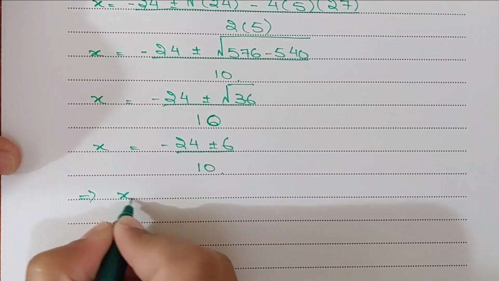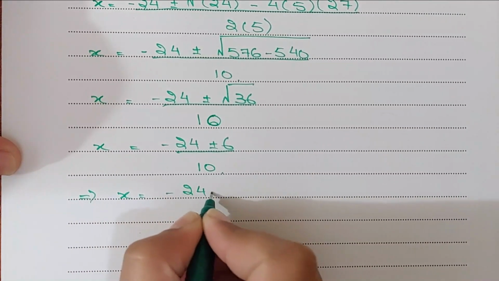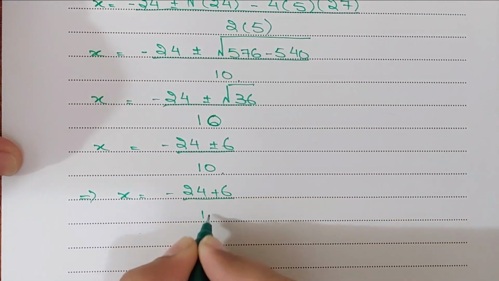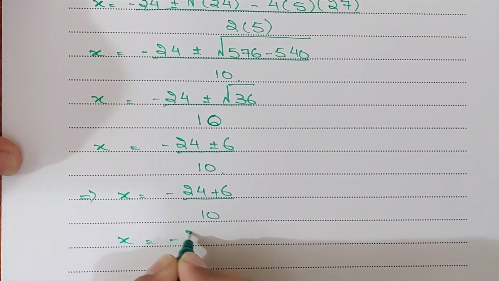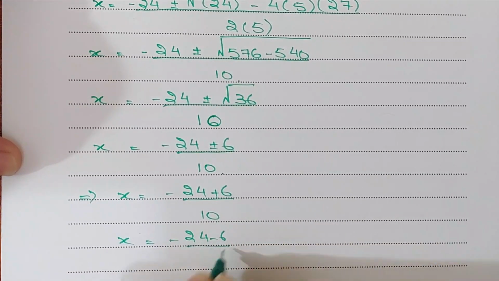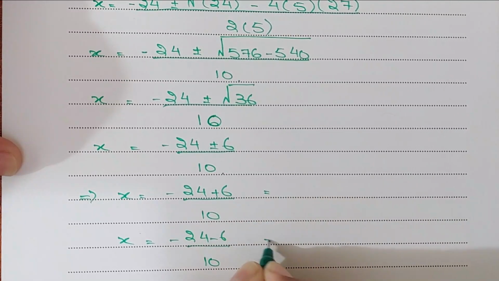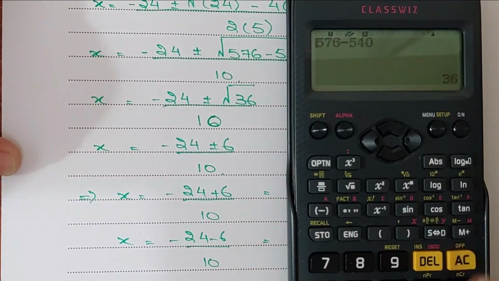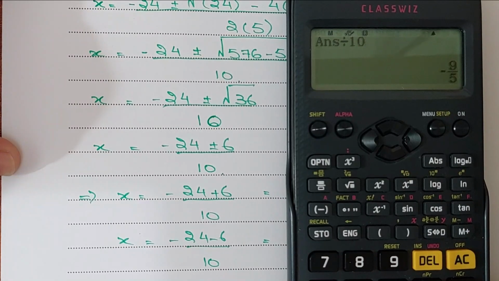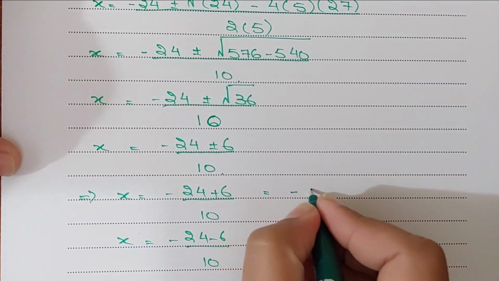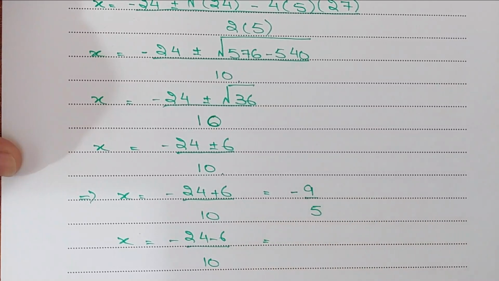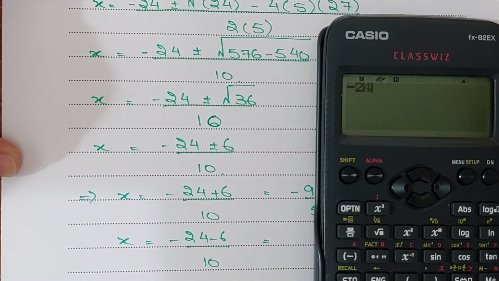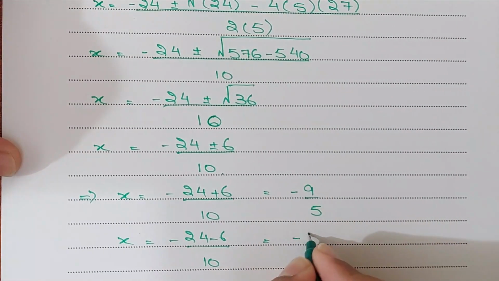So x is equal to (minus 24 plus 6) over 10, and x is equal to (minus 24 minus 6) over 10. Minus 24 plus 6 divided by 10 is minus 9 by 5, and the other, minus 24 minus 6 divided by 10, is minus 3.